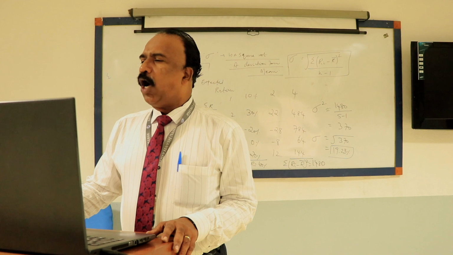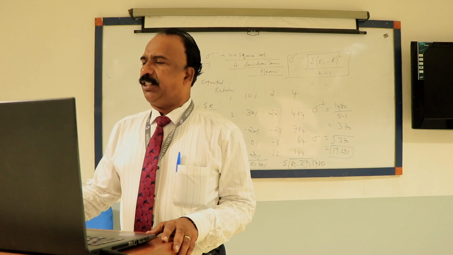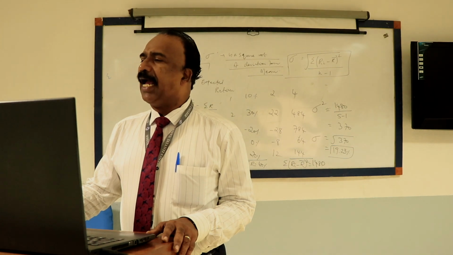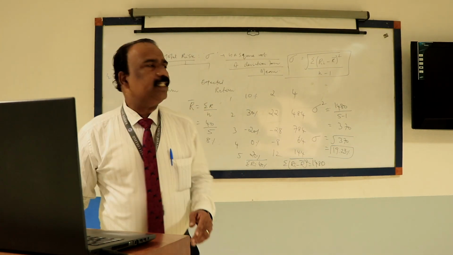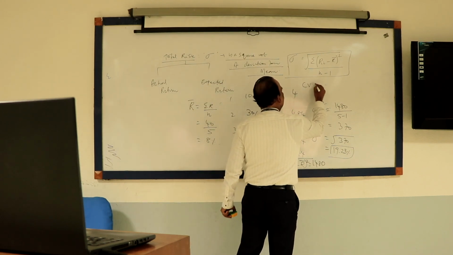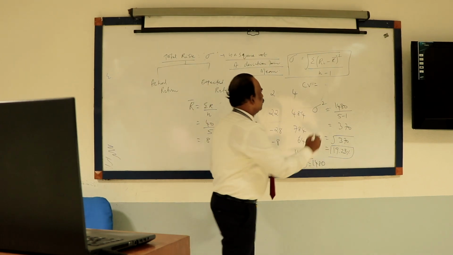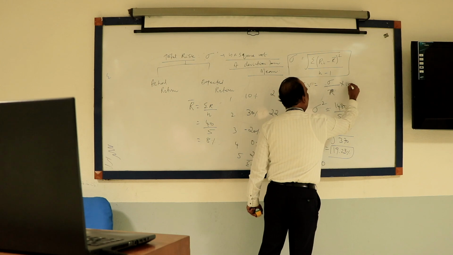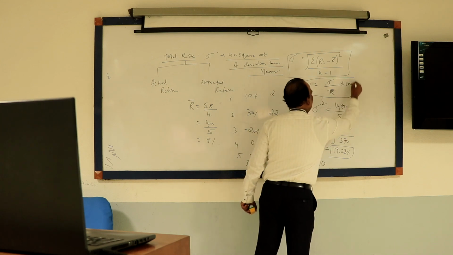Now how do we get coefficient of variation? Coefficient of variation is the relationship between standard deviation and mean. So coefficient of variation, CV, is the standard deviation divided by R bar into 100.